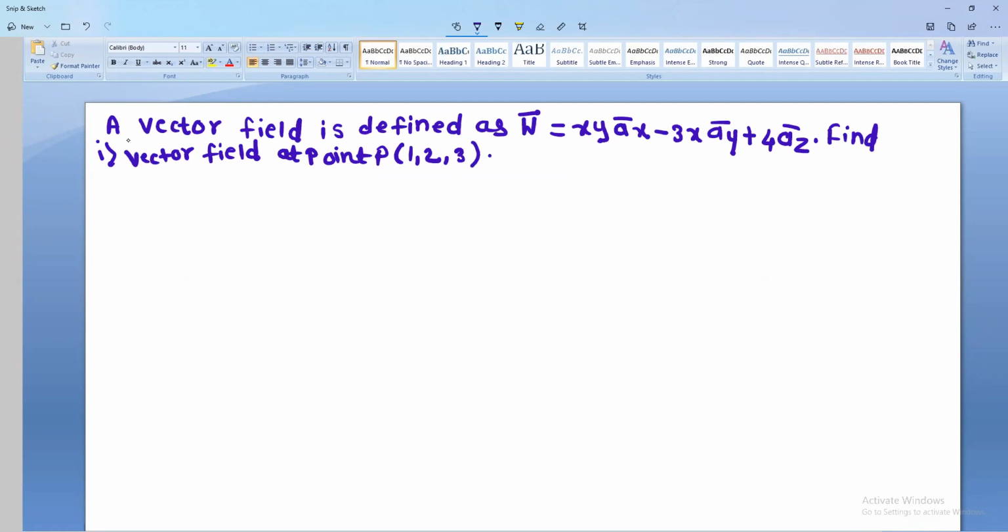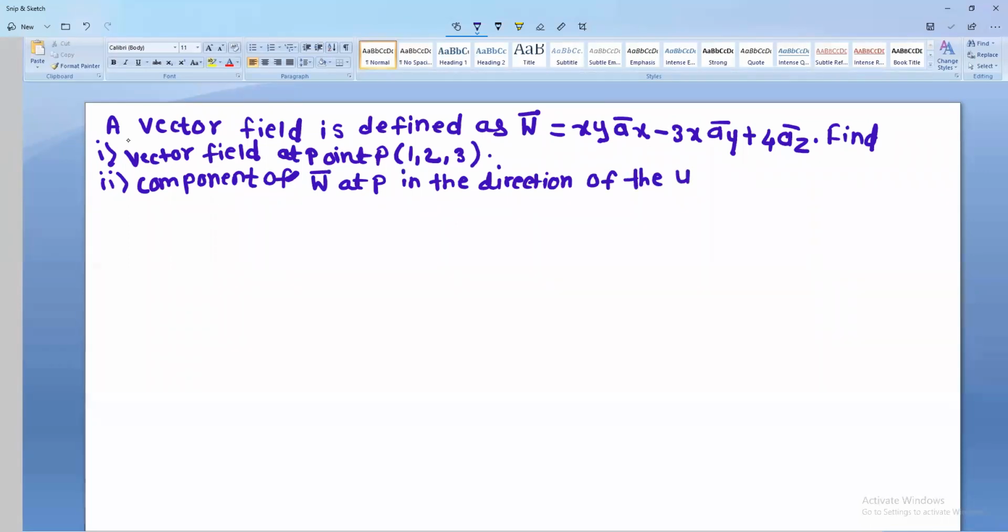Second, the component of W bar at P in the direction of the unit vector.